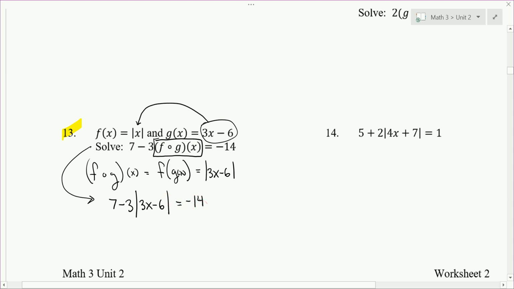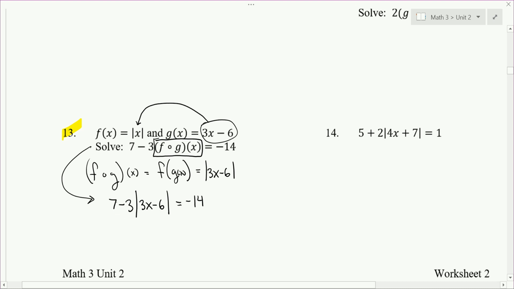Once we have it written that way, we want to solve for the absolute value of 3x minus 6. We want that by itself. So be careful here. Do not subtract 7 and 3 because we have to follow order of operations. This is 3 times the absolute value, and you have to multiply before you subtract.